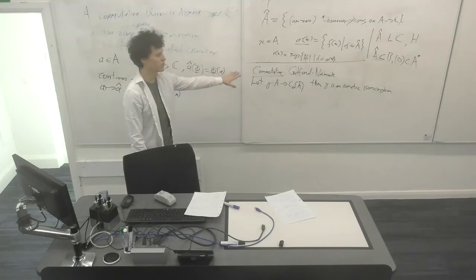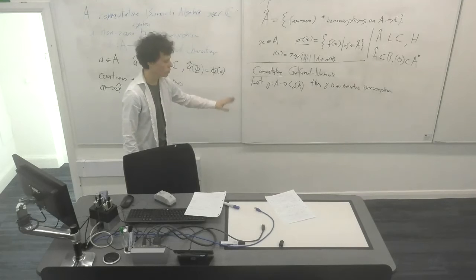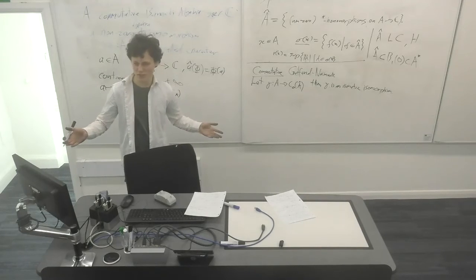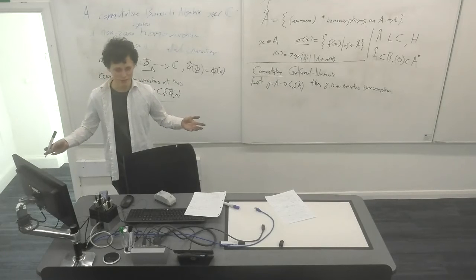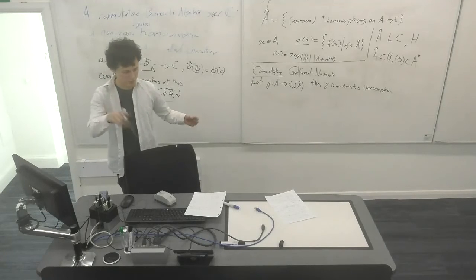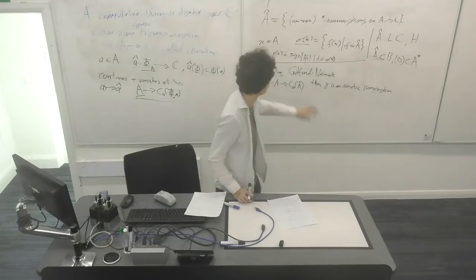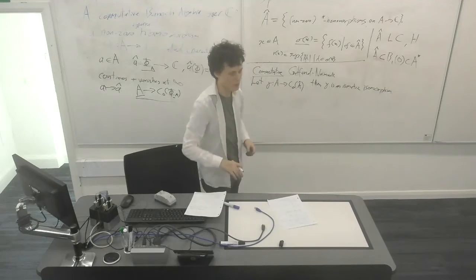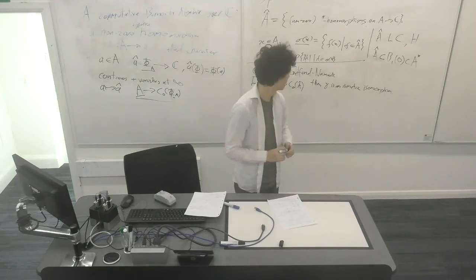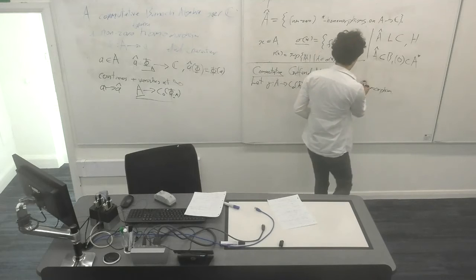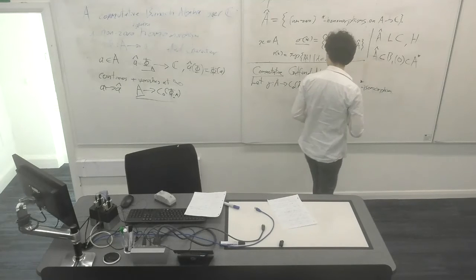Apart from the commutativity part, which I'm not going to prove because we're running over time, you can come ask me afterwards and I can try to show you this. But it's commutative, which means it's an isometric star isomorphism.